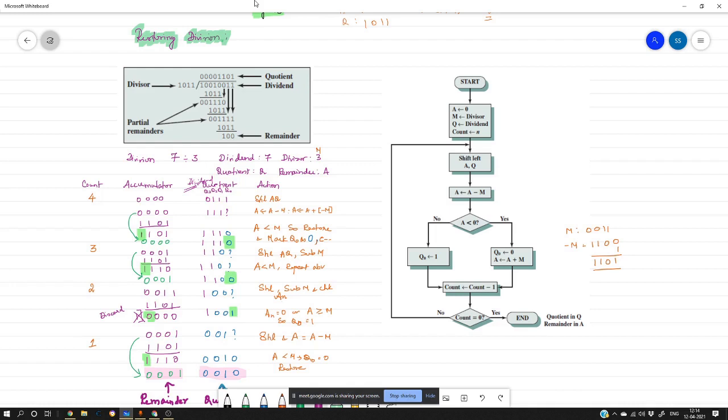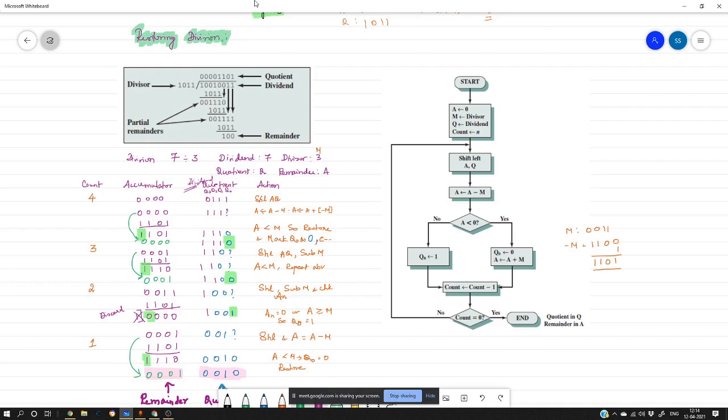Before getting into the algorithm, let us see how we manually divide two numbers represented in binary form. As an example, we have a dividend of 8 bits and a divisor of 4 bits. We take one bit at a time from the dividend and check whether it is divisible by the divisor. This is what we normally do even in decimal division.